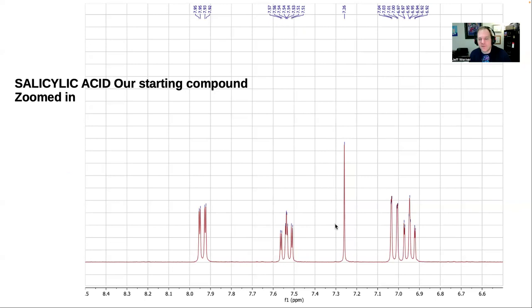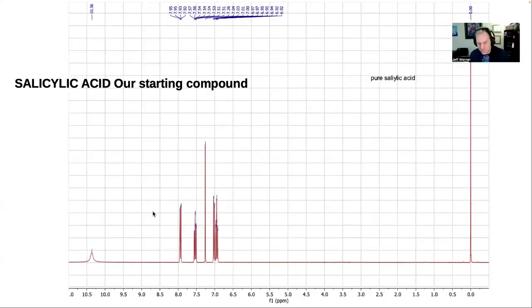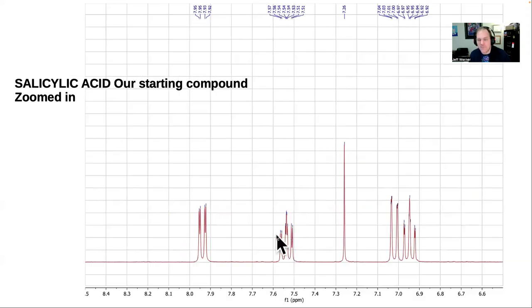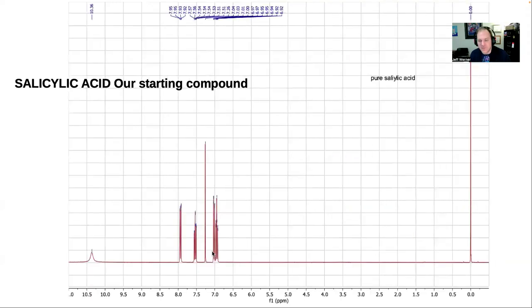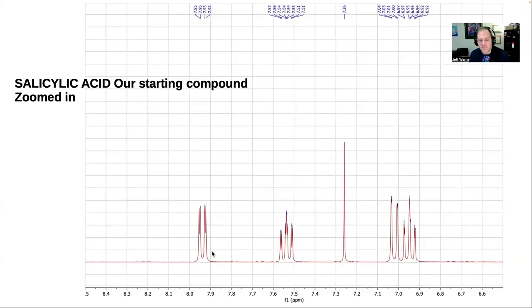Aspirin, salicylic acid, aspirin, salicylic acid. They're different, right? One thing I'm seeing right away is that aspirin, to the left of this 7.26 peak, has 3 clusters, while salicylic acid, to the left of its 7.26 peak, has 2 clusters, and they're in different positions.